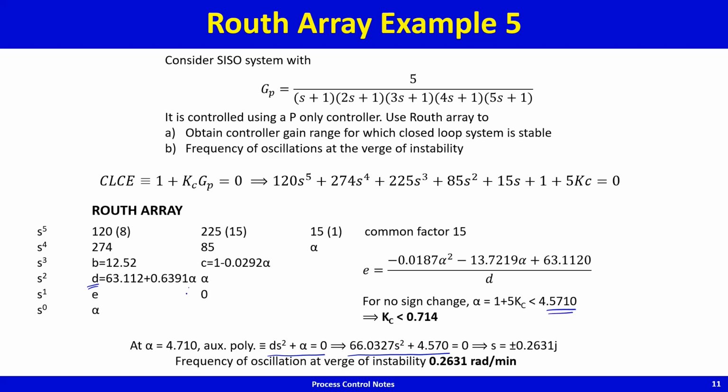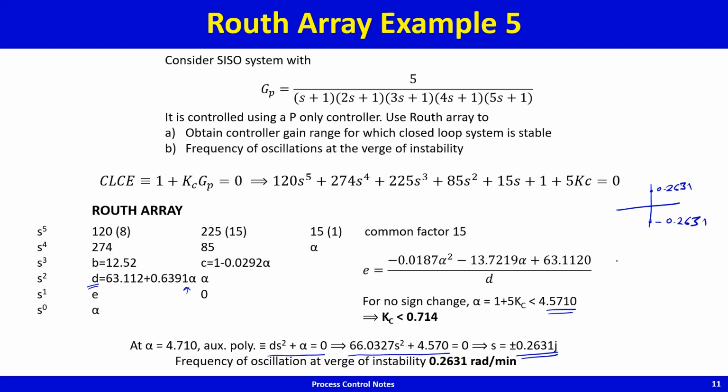You substitute that value of alpha here, and what you get is d is actually 66.0327327, and therefore the frequency, because the roots that cause sustained oscillations are here, and this is 0.2631 and this is minus 0.2631.